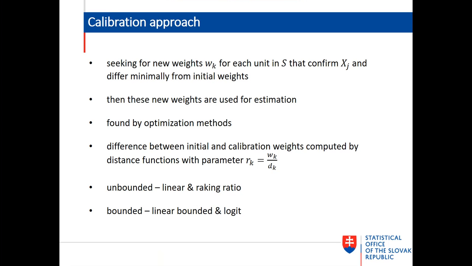There are four basic methods, or different distance functions, used for calibration. Two of them are unbounded: the linear and raking ratio methods. And two of them are bounded versions of these unbounded ones: linear bounded and logit methods.